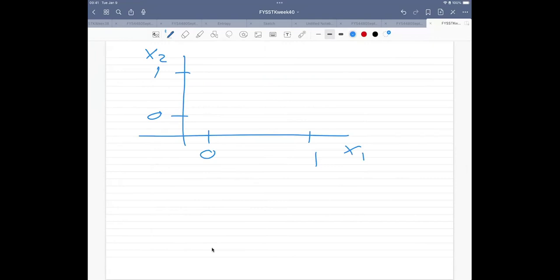This is a classification type of problem. And what I'm going to say now, if I have, so x here means 0. So x is equal to 0, and a circle is equal to 1. So if I have x2 equals 0 and x1 equal 1, then I get a circle, which is a 1. And then I get a circle and a circle.